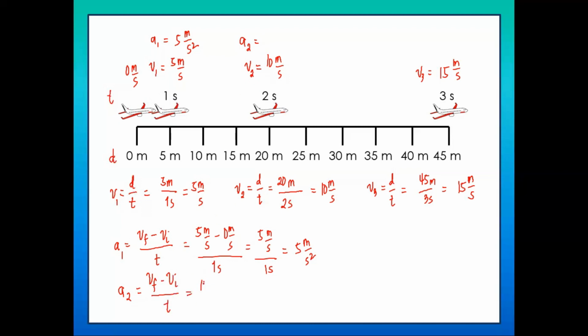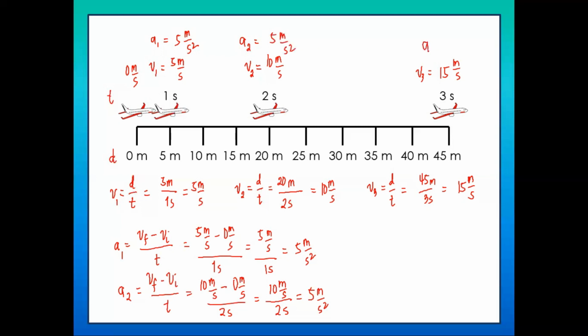So we have 10 meter per second minus 0 meter per second over 2 seconds. So deduct this. We have 10 meter per second divided by 2 seconds. So our answer is 5 meter per second squared. That is for our second acceleration.